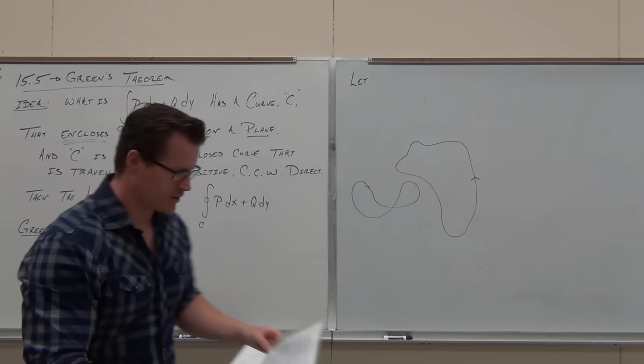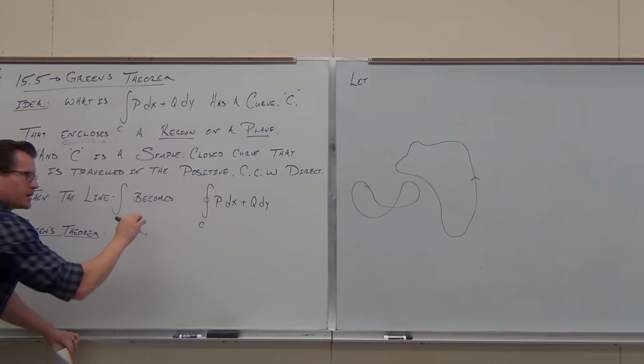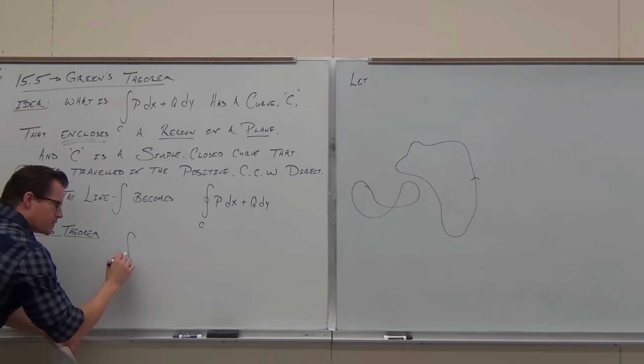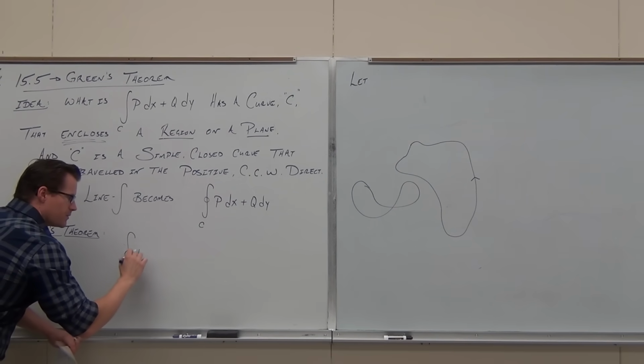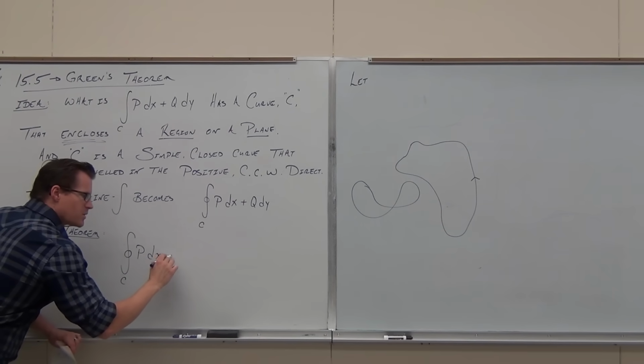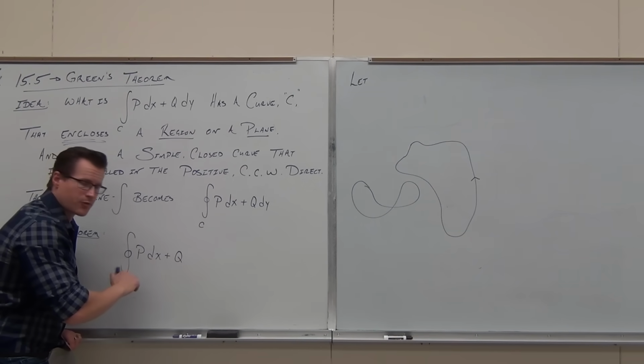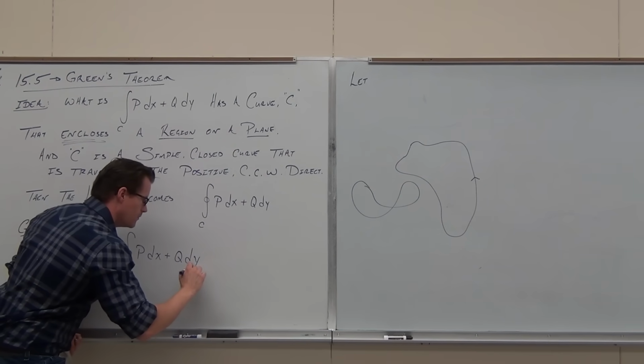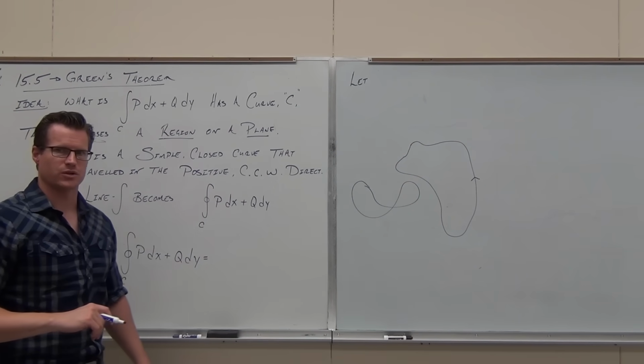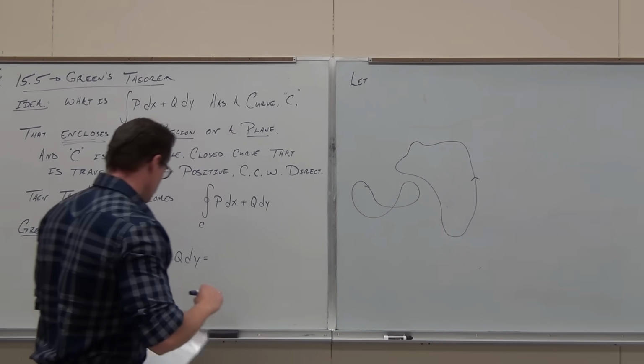So, here's what Green's theorem says. It says that this line integral over a simple closed curve, by the way, do you remember that format, having this P dx plus Q dy? We're about to see where that came from, equals this. It's going to look a little strange to you until you wrap your head around it.